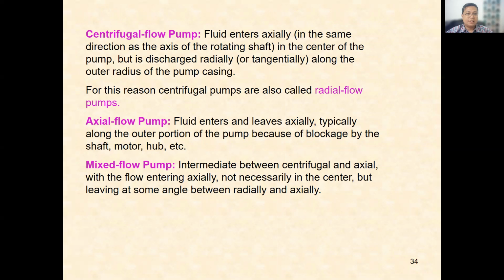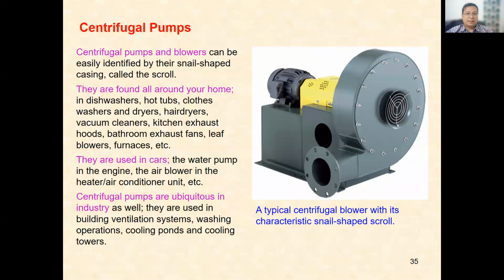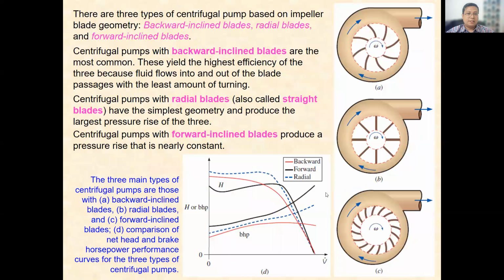We have centrifugal, axial flow pump, mixed flow pump, and the centrifugal pump is one example. You can see the supplying through, you can see the direction. Some will be similar axis of the shaft. This one is radial to the shaft. One is radial.